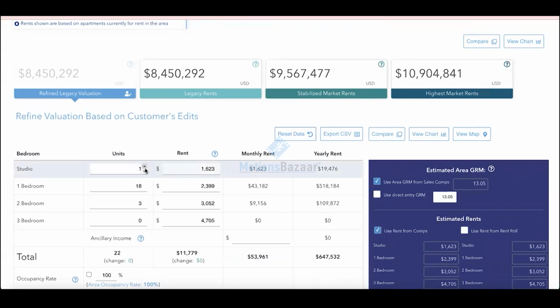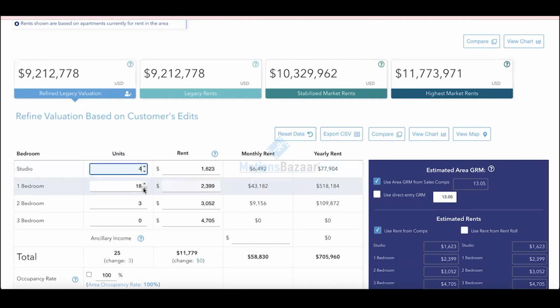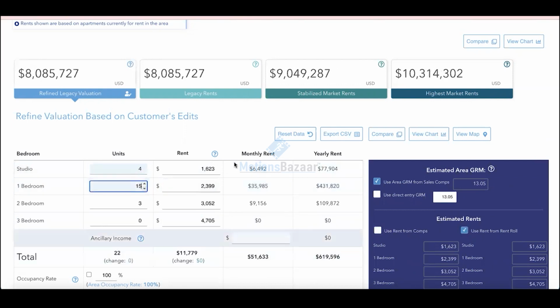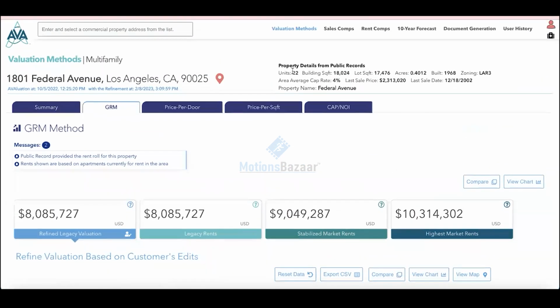So when I'm looking at studios, what if the pre-populated algorithm said a makeup of 1 studio, 18 ones, and 3 twos? I go, no, I've got 4 studios, and I've got fewer 1-bedrooms. Now you'll notice it's a 22-unit building, right?